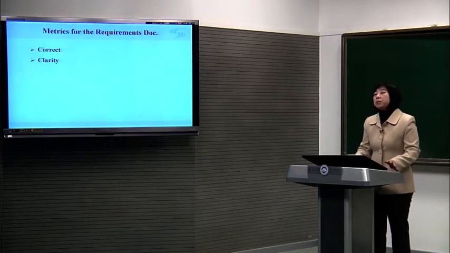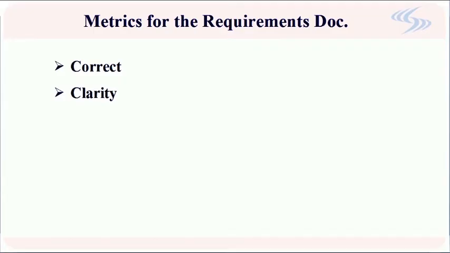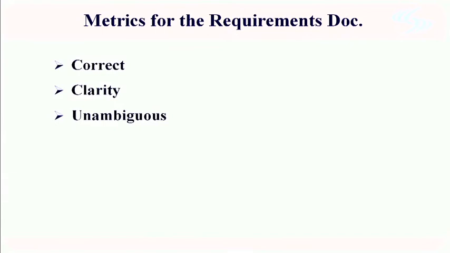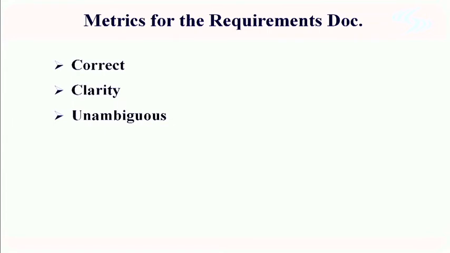That means the requirement documentation should make the requirements clear. The description for the business requirements and logic should be clear, easy for everyone to understand. So this is clarity. Unambiguous. That means the requirements, for both the functional requirements and non-functional requirements, should get the same understanding from everyone who reads the documents.